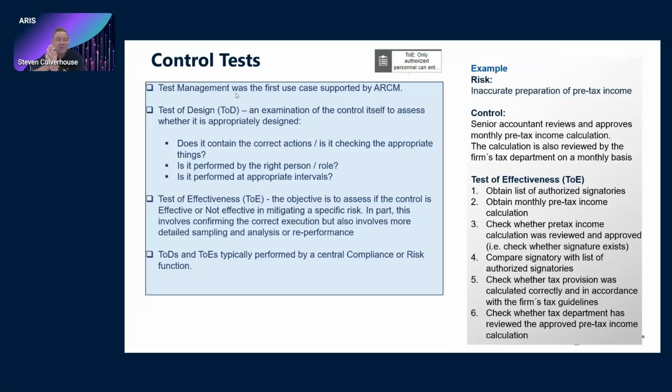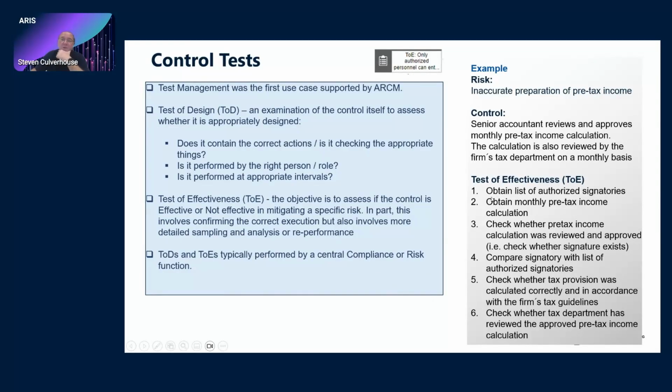So it involves confirming not only the correct execution, for which you can rely on your control execution tests, but it also involves more detailed sampling and analysis of reperformance. So taking the same risk and same control, the inaccurate calculation, you're doing a check on a monthly basis, or rather someone's checking it each month and you've annotated the fact that they've checked it.